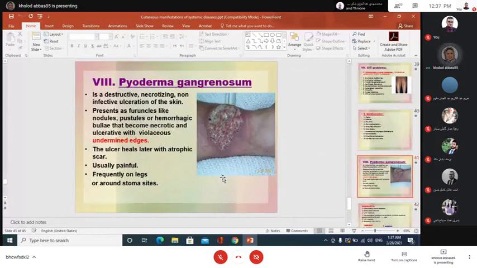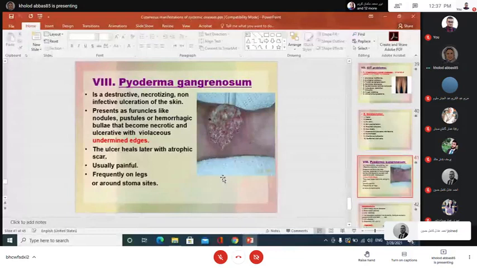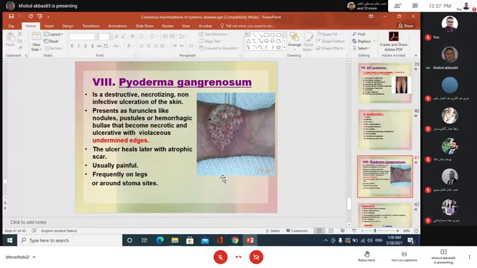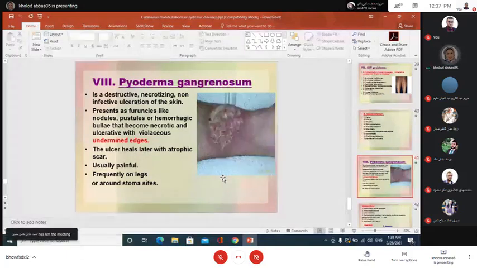نجي على pyoderma gangrenosum. Pyoderma gangrenosum is a destructive, necrotizing, non-infective ulcer of the skin, usually present as furuncle-like or nodule, okay, or a pustule, which develops a bullae that becomes necrotic, ulcerative, and then develops an ulcer with a violaceous, undermined edge and purulent base.